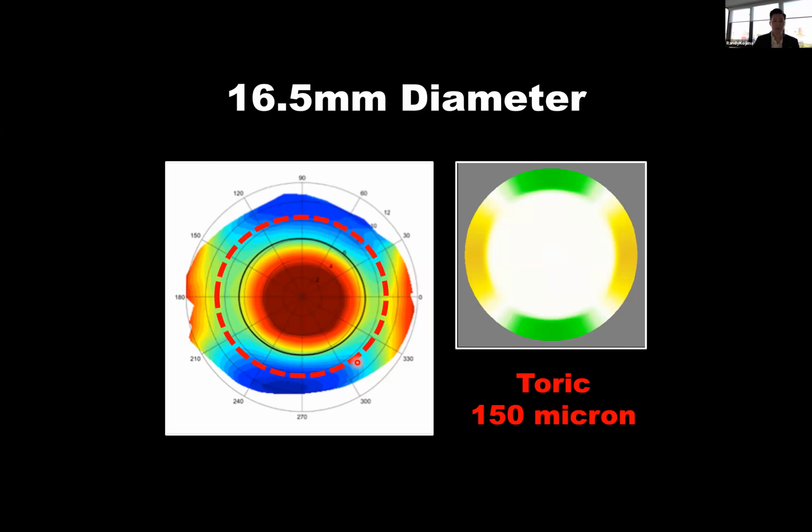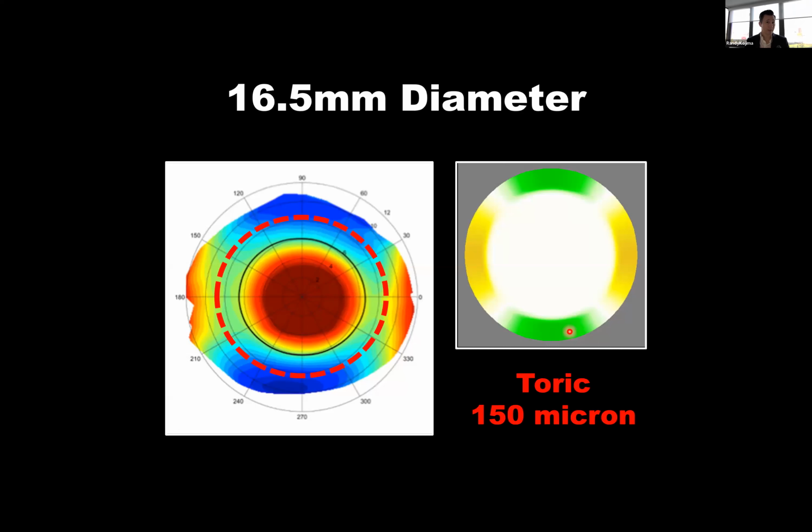Then as we go even larger than that, we're going to land farther out on a more asymmetric surface, so more toric landing is required. So the SMART lens will be symmetric if you're using the smaller diameter, but more toric in landing when you're using the larger diameter.